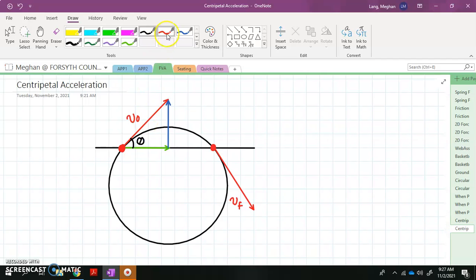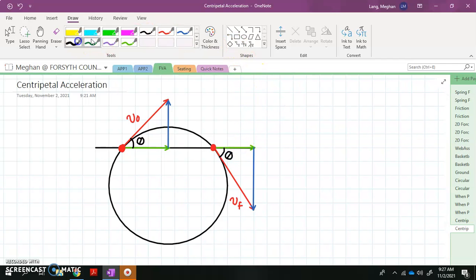That's the one we're going to use in our little derivation. Then our final velocity would also have a component in the x and a component in the y. And this angle right here, this theta, should be the same theta if they're at the same spot on the circle from one side to the other, okay?